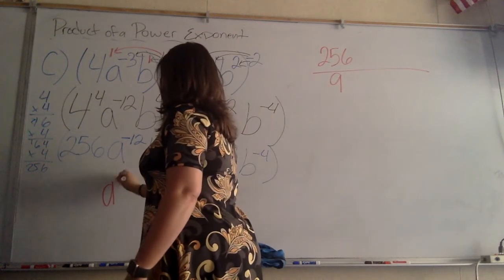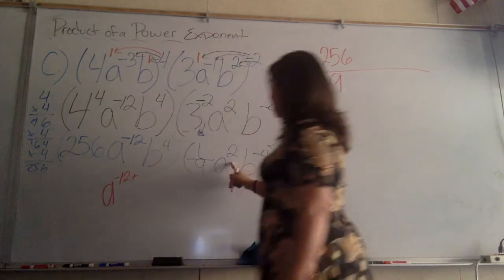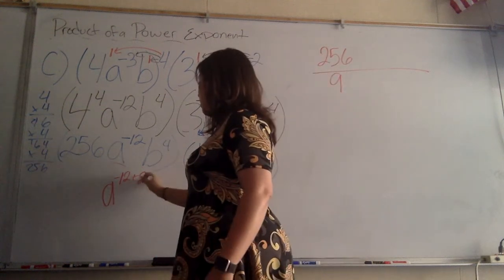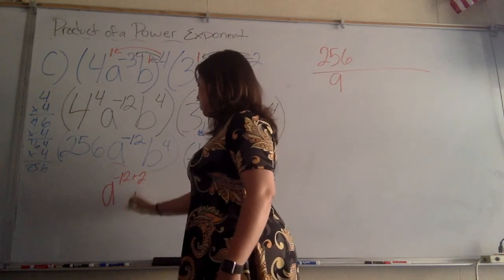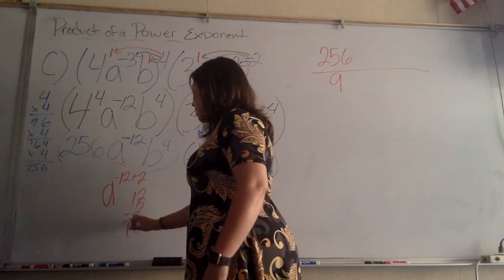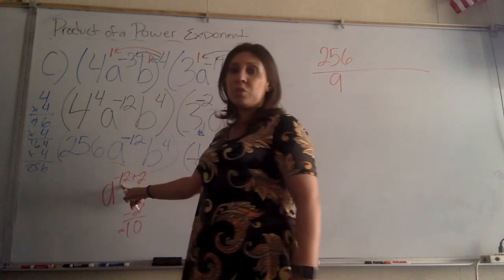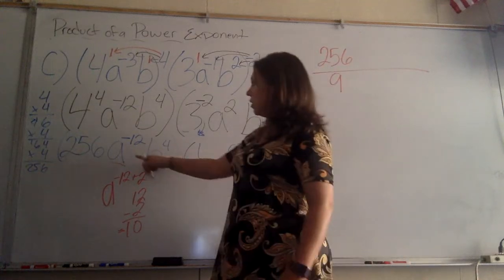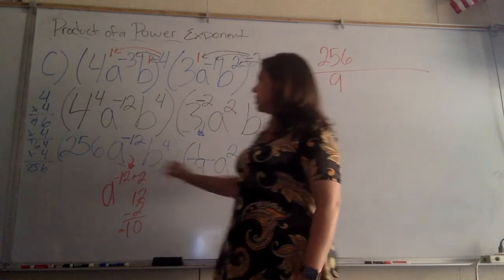A: negative 12 plus the A over here, which is 2. This gives me the opposite signs, so we're going to subtract. So I have a 10, and it's going to be negative because my 12 is smaller. Since it is negative, it's going to go down.